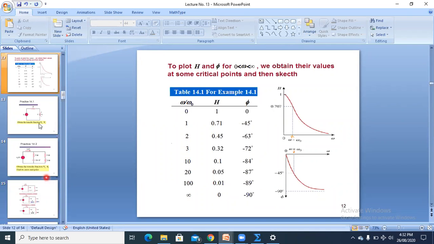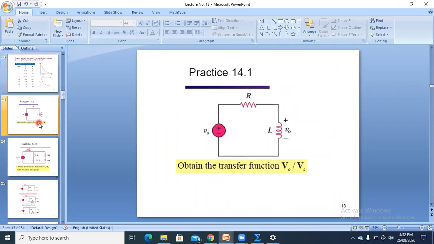So you can practice this for an RL network.